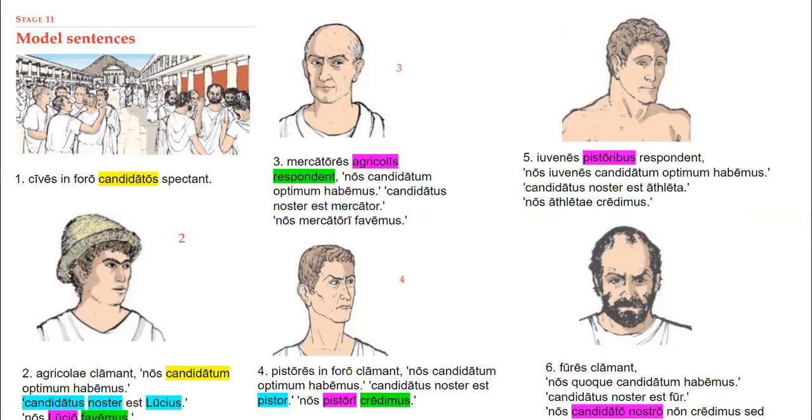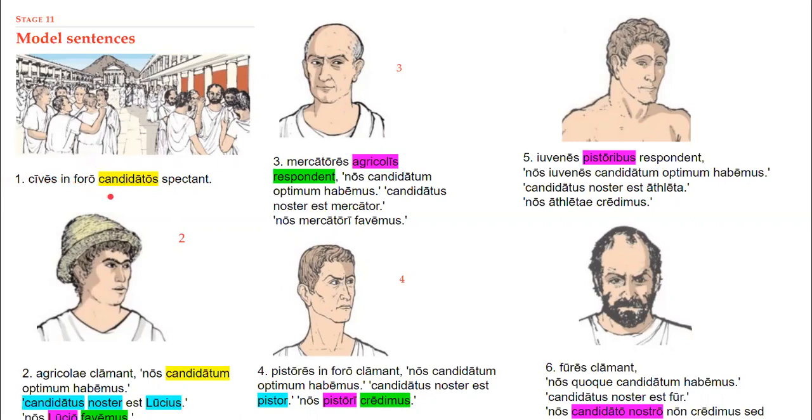So the citizens, in foro, ablative of location, prepositional phrase, in the forum. Candidatos, accusative direct object, second declension plural. Candidates. Spectant, are watching, present tense third person plural verb. So altogether, it's the citizens are watching the candidates in the forum.